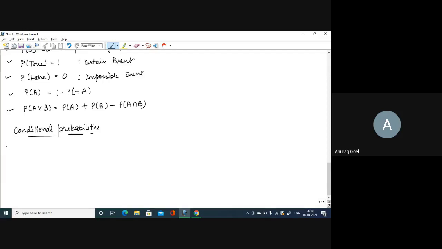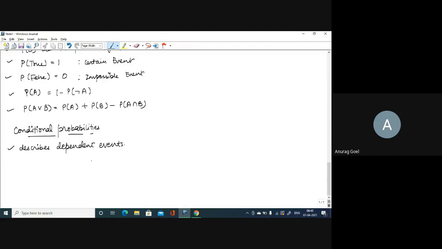But now we are considering dependency. Dependent events means they have a causal relationship or may affect each other in any way.